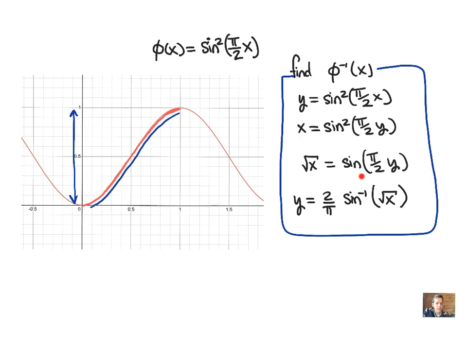We will then take an inverse sine of both sides and multiply by 2 over pi to solve for y. So this is your inverse, phi inverse of x. And sine inverse of root x, on the correct domain, which we are on, is in fact continuous. So we're all set with the three properties of the homeomorphism.